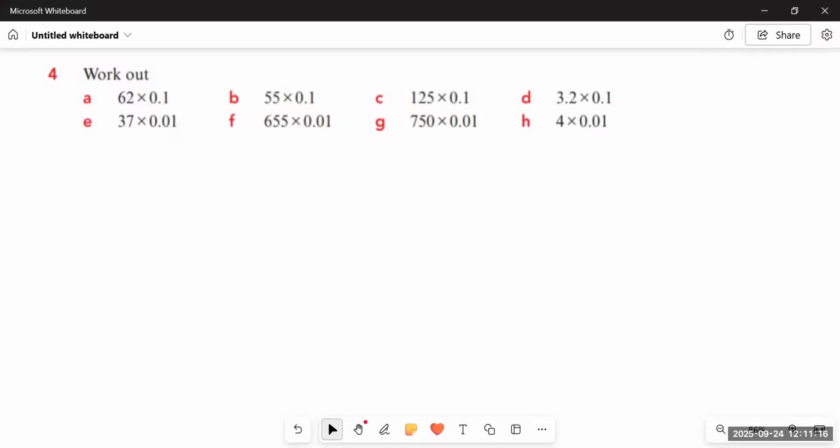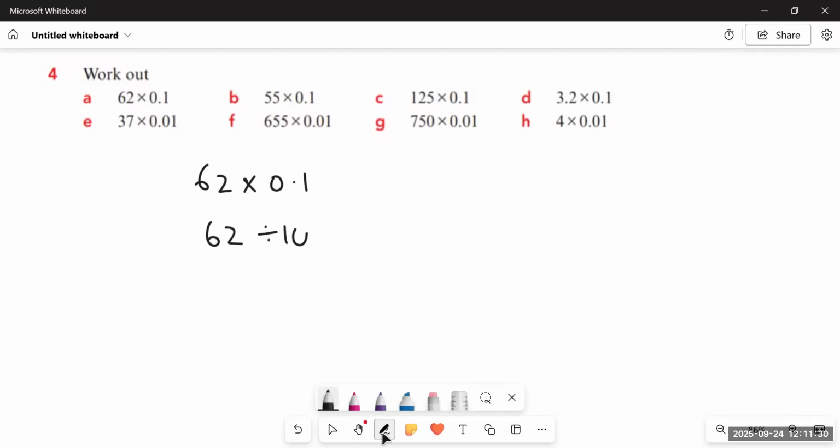Now let's talk about question number 4, where we have to work out the given numbers. 62 into 0.1 equals 62 divided by 10. Let's write it like this, 62 upon 10. When we cut this zero, the decimal will move one place backward.